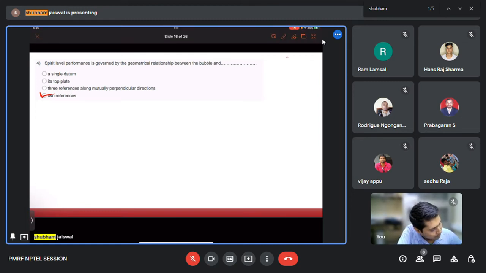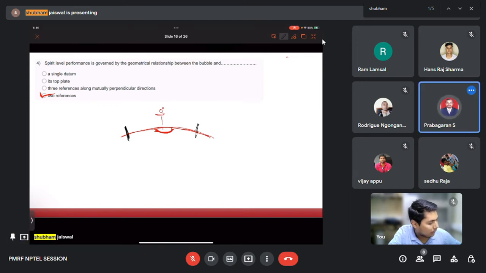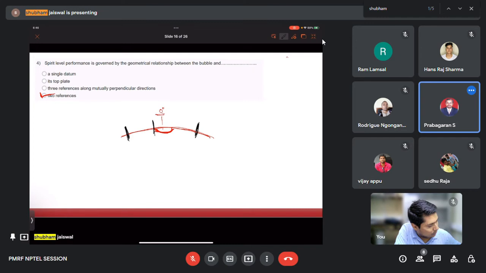Suppose this is the glass of my spirit level, and here I am having a bubble. If it is at 0 degree, it means it's perfectly flat. If we move our spirit level somewhat, you can see some markings on the spirit level, like two black markings. If you have gone through the lab demonstration, you can see the two markings. So the performance depends on these two markings.